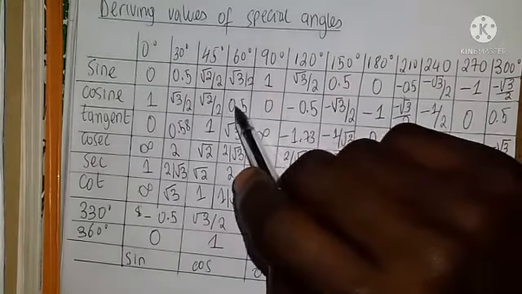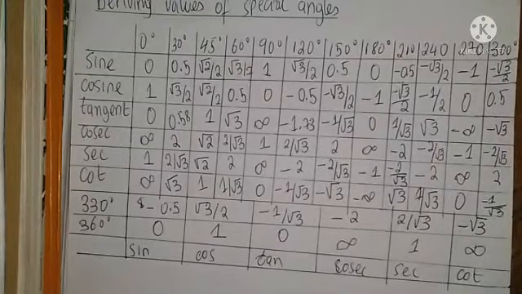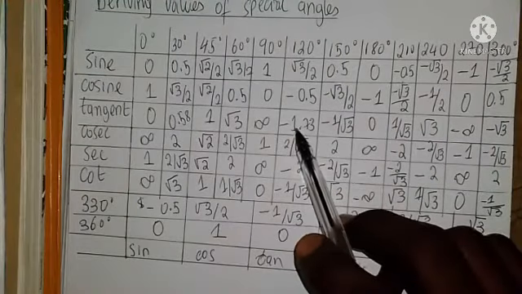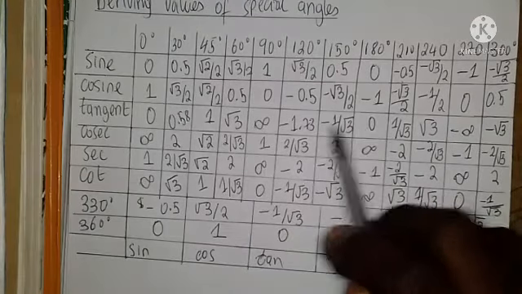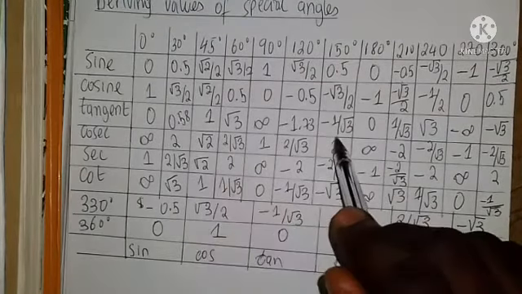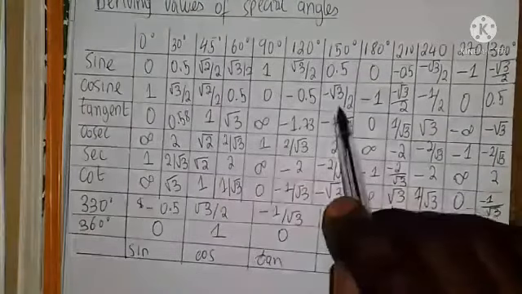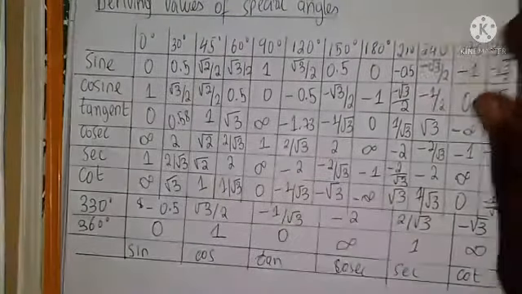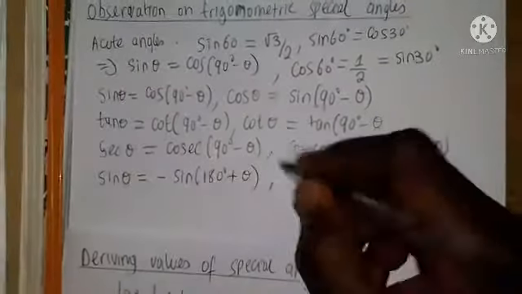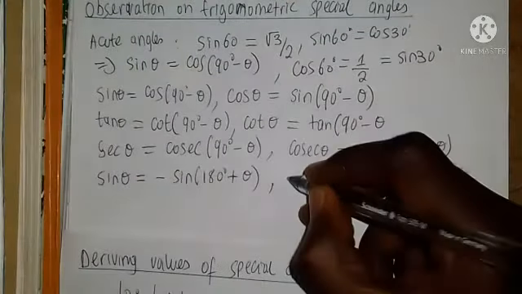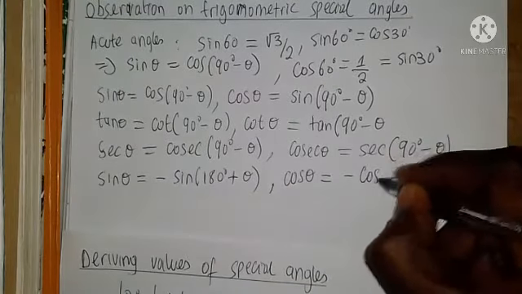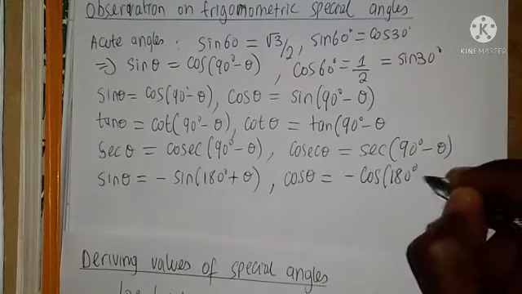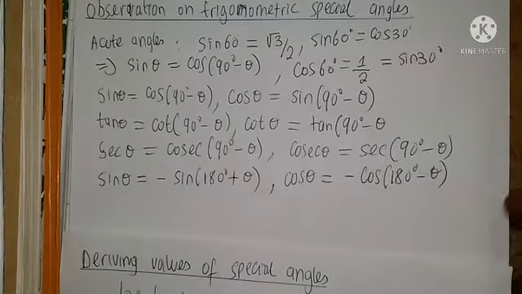So the observation we can make here is that for cos, taking 180 minus 60, we get 120. 180 minus 30, we get this value here. 180 minus 0, we get it here. So for cos, it's going to be negative instead of positive. So cos theta is equal to negative of cos of 180 degrees minus theta.